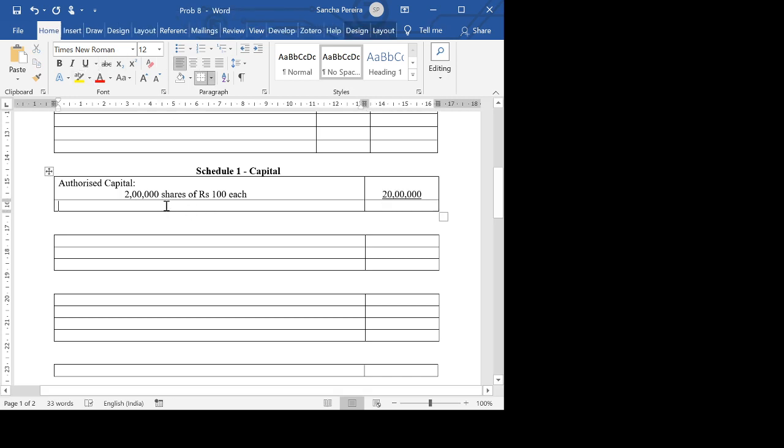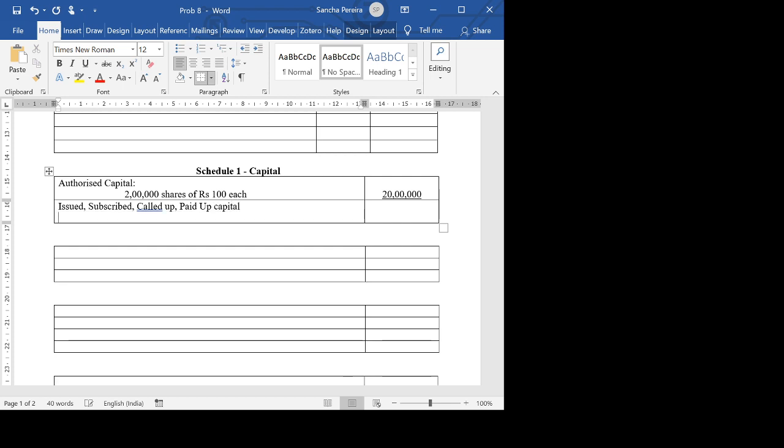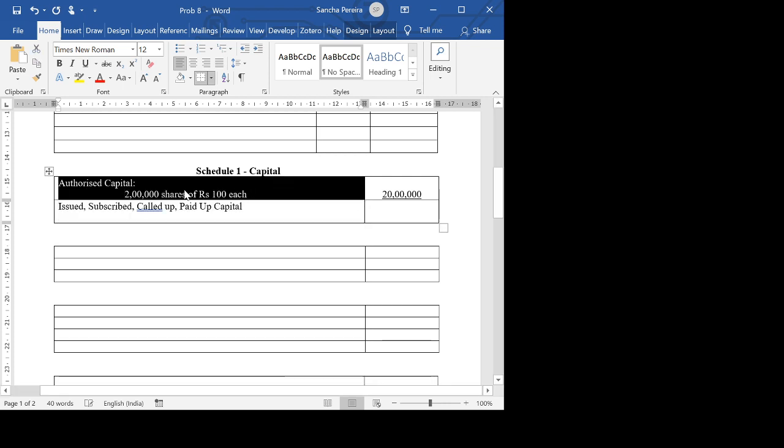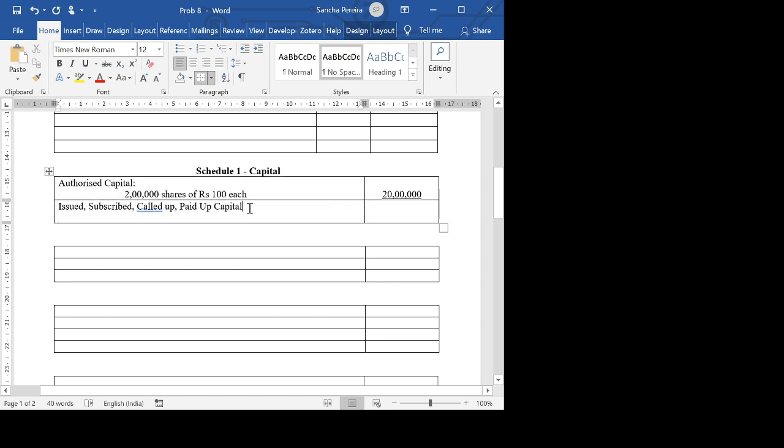Similarly, we have the issued, subscribed, called up, paid up capital.